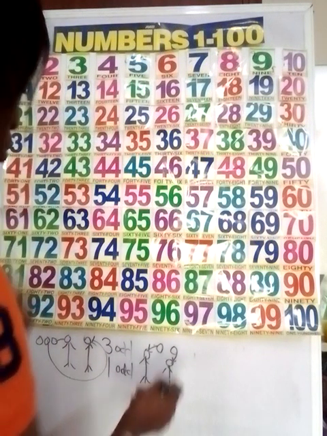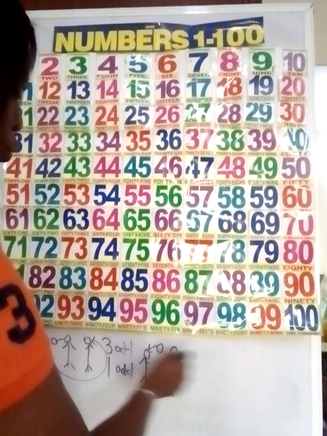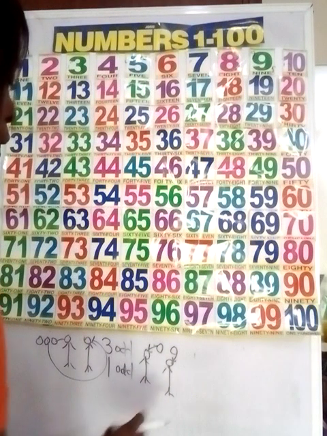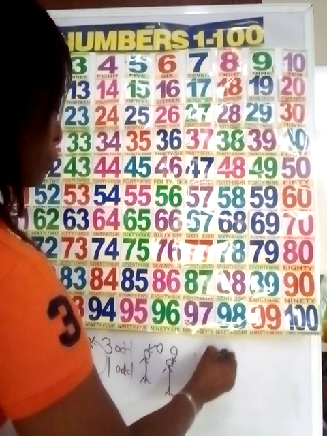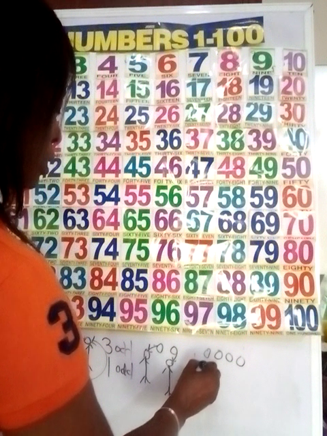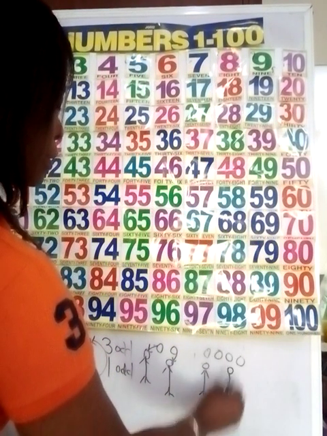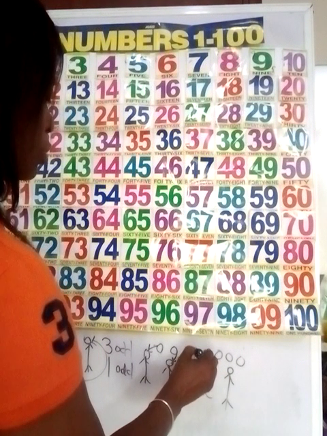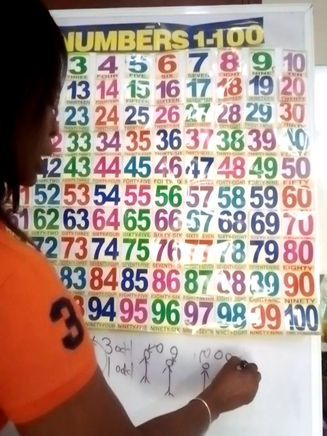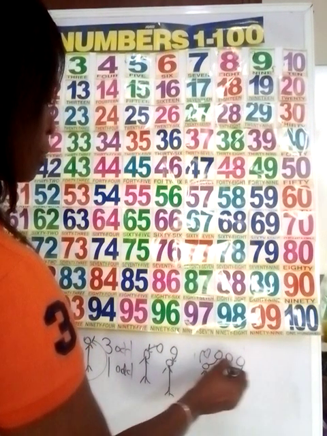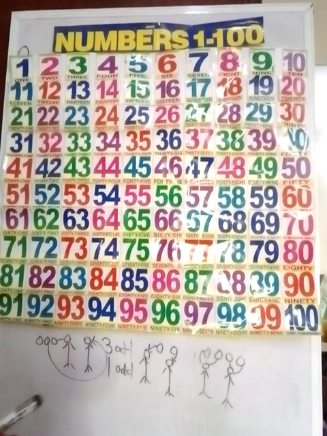We used 2 oranges, we shared them among these 2 people, and we found out that they both got an equal amount. Now let's look at the next number, which is 4, still 4 oranges for these 2 stick men. So this one gets 1 orange, this one gets 1 orange. This one gets a second orange, this one gets a second orange. Everything is gone.